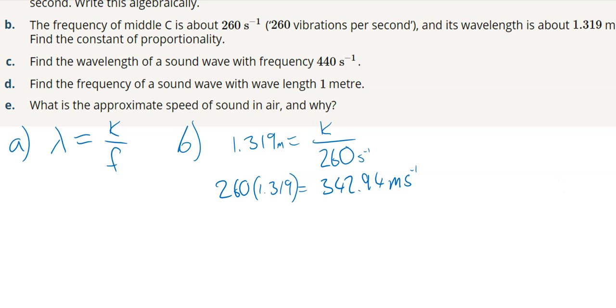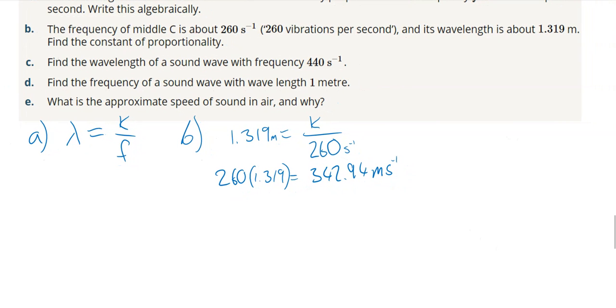Now find the wavelength of a sound wave with a frequency of 440 of that. Great. Well, we know what our k is. k equals that. Cool. So part C now. Find the wavelength of a sound wave with regards to that.